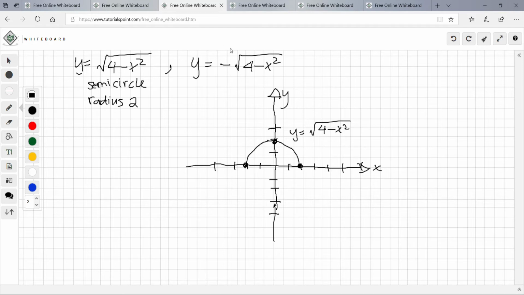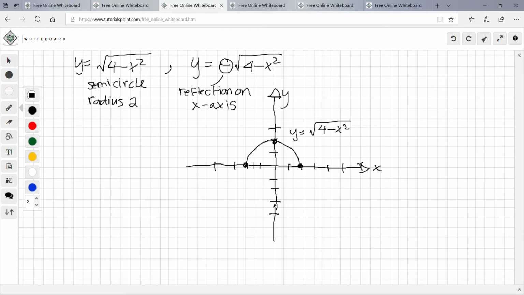Okay, now let's look at the second graph. This looks exactly like this, but instead there's a negative. What do we know about negatives? If there's a negative in front of the radical, we know it's a reflection on the x-axis. Remember when I said reflection on the x-axis, it's like folding the paper like a taco. So here's this graph.